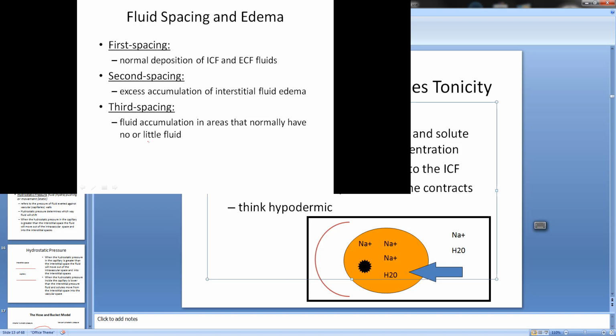Third spacing is fluid accumulation in areas that normally have little or no fluid. For instance, ascites in a patient with liver disease, or fluid extravasation into your joints. There's little or no fluid there. Those would be examples of third spacing, always associated with pathology.